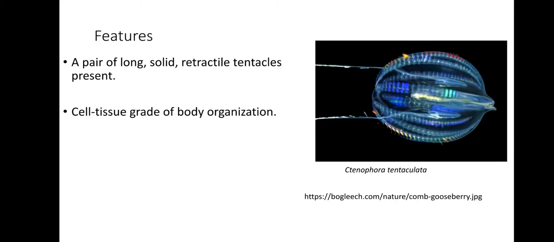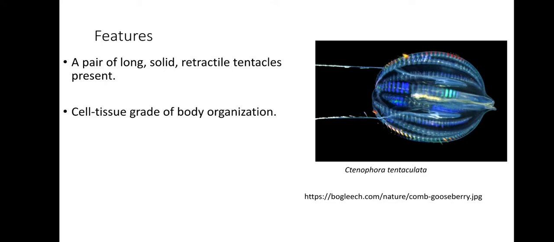Okay. Next, let's see at least a few features for today. So the first feature is a pair of long, solid, retractile tentacles are present. See, one we already know. They get their name Ctenophora because they have these comb-like plates on their surface, which are used for locomotion. So there are 8 such plates, isn't it?